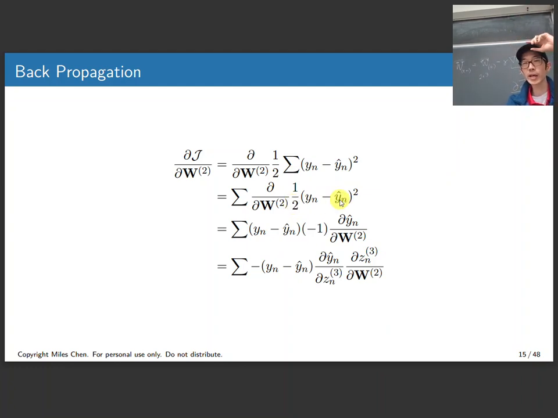However, the y hats, our predicted values, definitely do change when we change W2. Taking the derivative of this, we use the power rule, so the 2 comes down and cancels the 1/2. I get yn minus y hat n. Now I apply the chain rule to y hat n and get minus 1, and then ask how y hat changes with respect to W2.